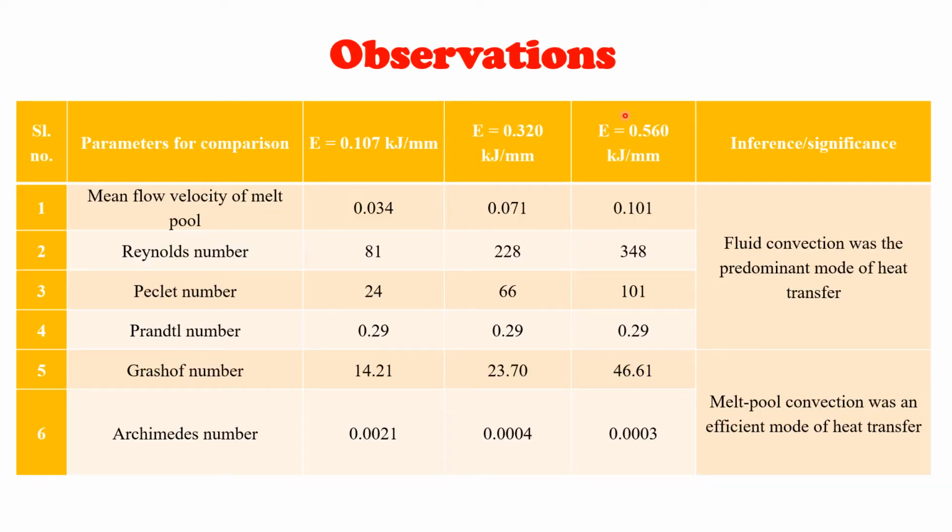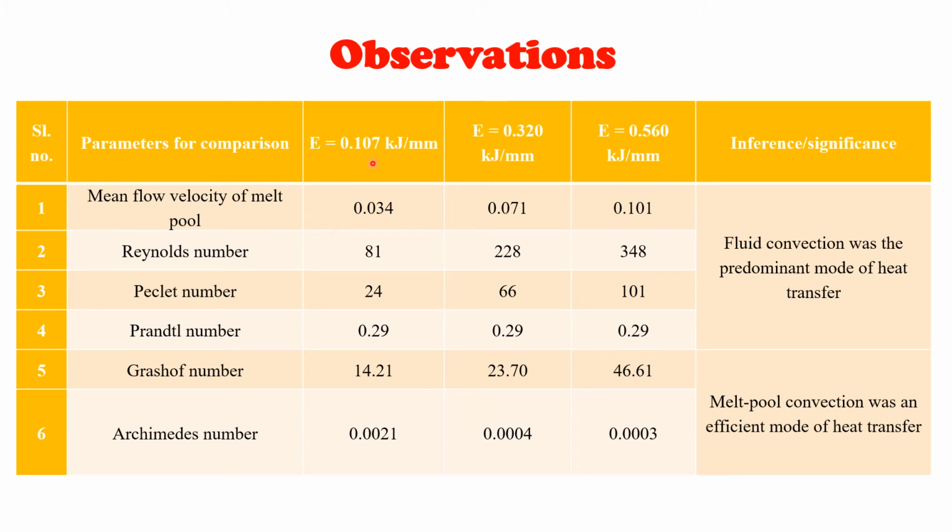Now, moving to the observation sector, in the present study, we have studied the influence of three different heat inputs, that is low, intermediate, and high heat input on fluid flow attributes. Initially, the mean flow velocity is obtained from the CFD-based phenomenological model for the three said heat inputs.